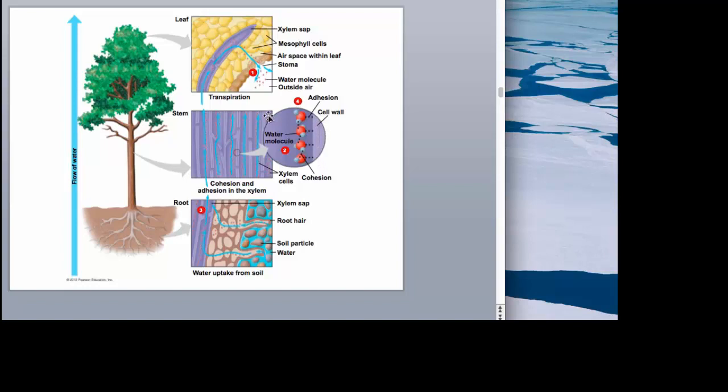Okay, so this process of cohesion and adhesion within the xylem will be critical for us to really move a lot of water quickly. Transpiration is what is going to be the driving force for all of this. Transpiration, you can think of like drinking out of a straw.